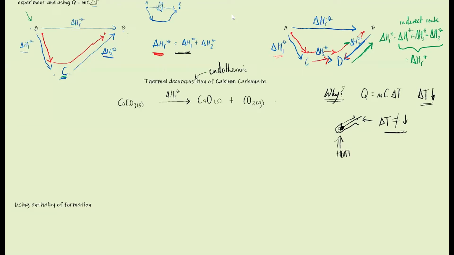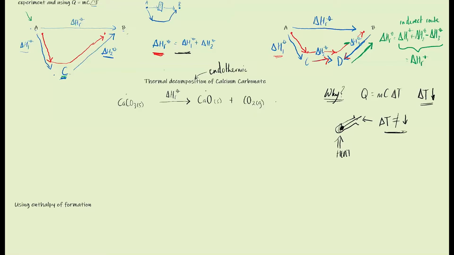So what can I do? Well, what we do is we say, right, what other reactions can I do to calcium carbonate and calcium oxide, which will give me the same products? In this particular case, we use the reaction of these two bases with acid.